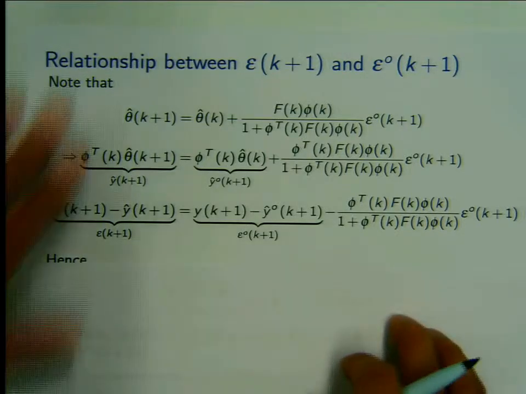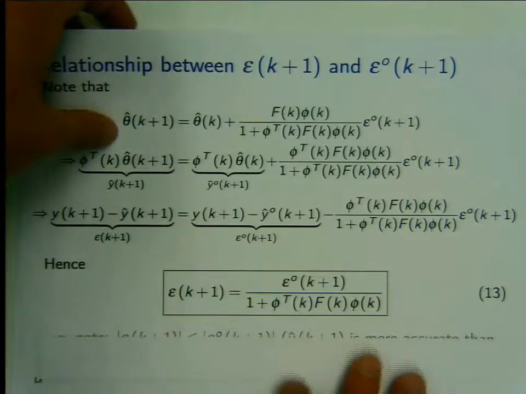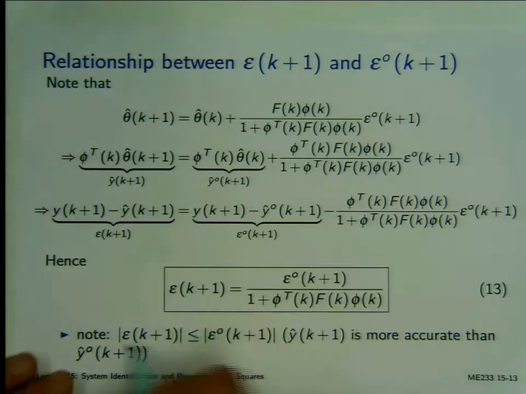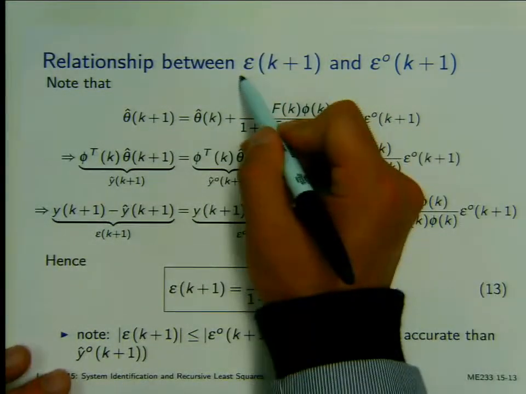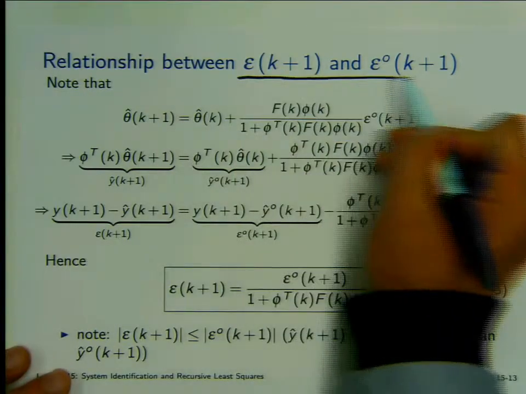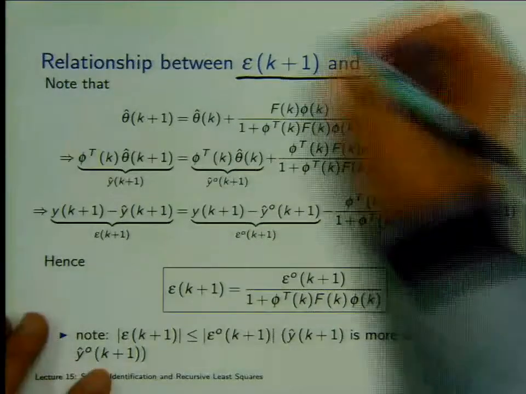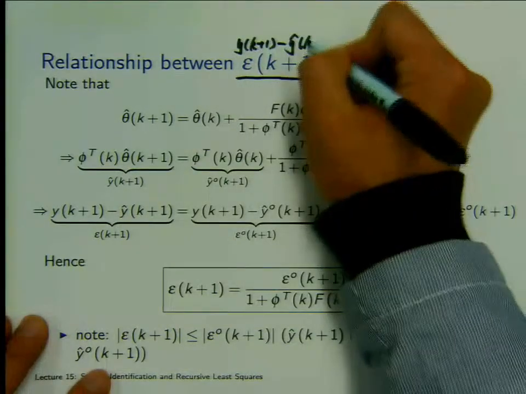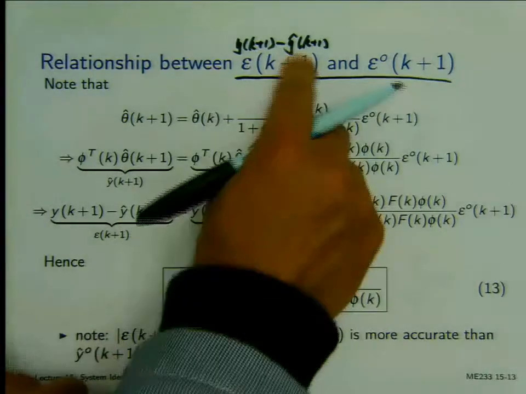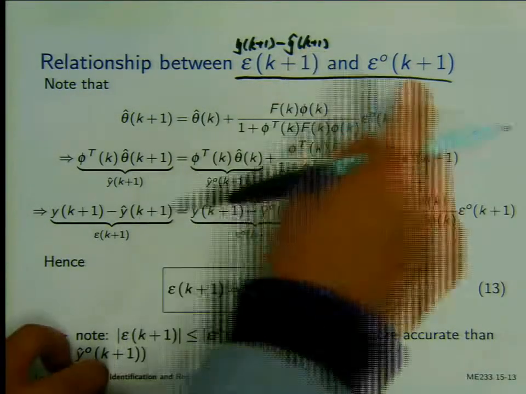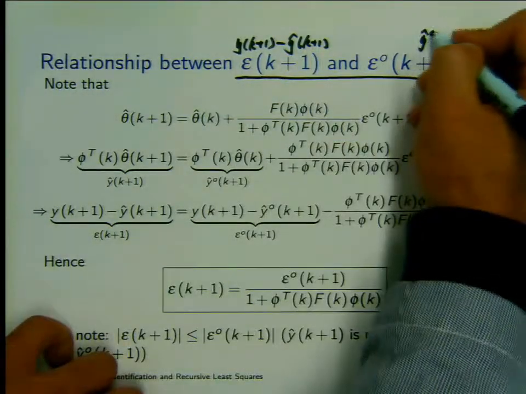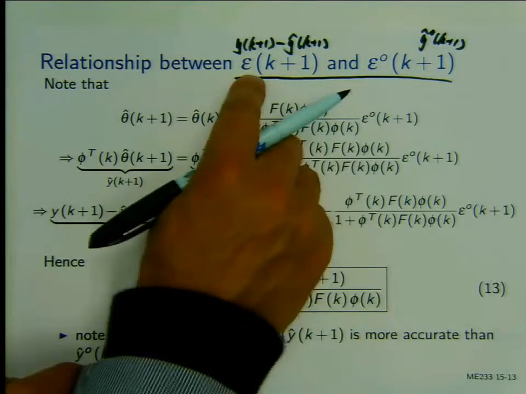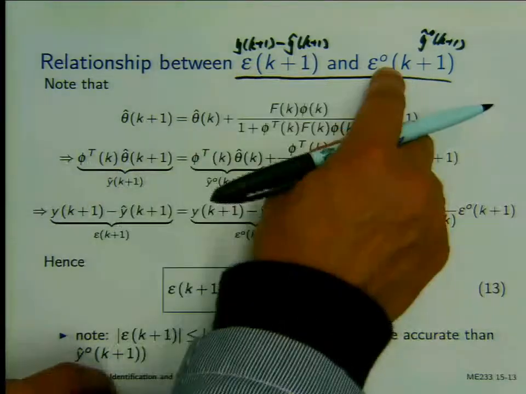To give you some intuition, you already saw some earlier. We have explained that this a posteriori estimation, which equals yk plus 1 minus y hat k plus 1, is a better estimate compared to y hat 0. So this error should be relatively smaller than this error here.